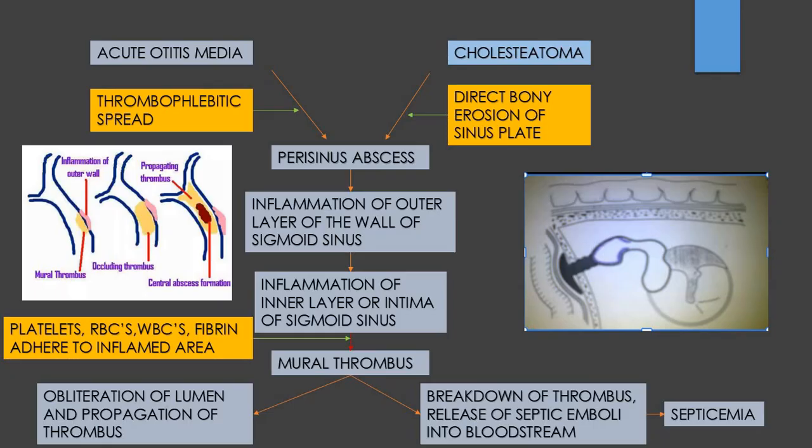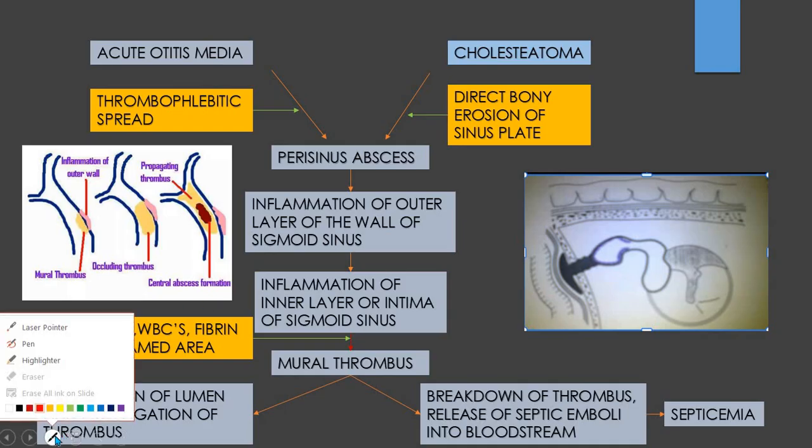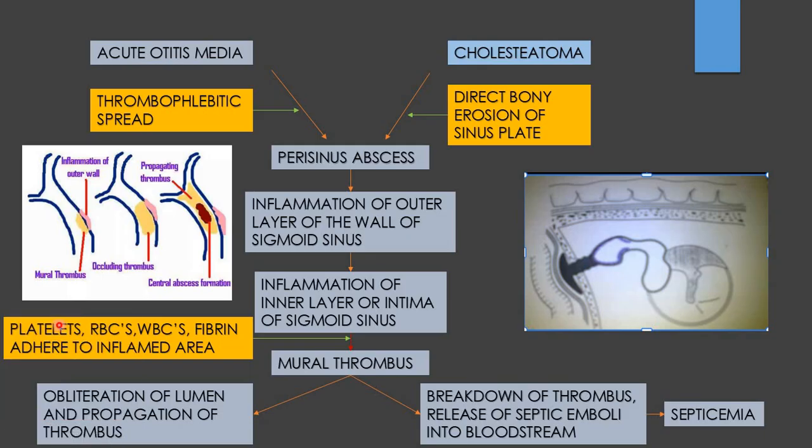lateral sinus thrombophlebitis can occur as a result of both acute as well as chronic otitis media. The first step in the formation of a lateral sinus thrombosis is the perisinus abscess. Perisinus abscess is a collection of pus between the sinus plate of the mastoid and the outer dural lining of the sigmoid sinus.